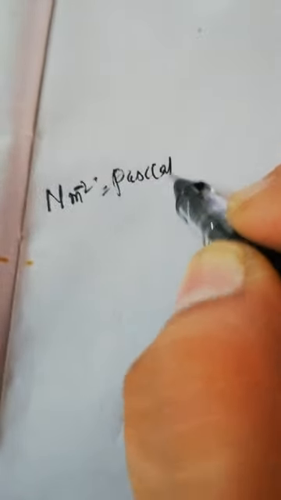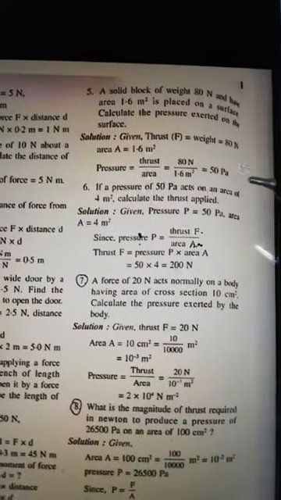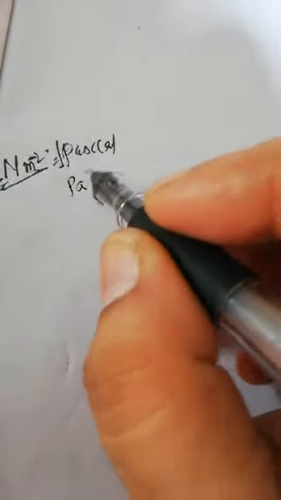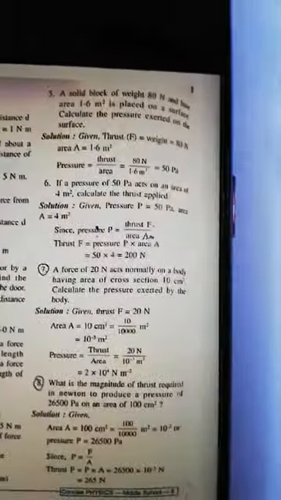So we can write that as Pascal. 1 Newton per meter square is equal to 1 Pascal. So this is the way we solve this. I think it's easy for you. And Pascal should always be written with P capital, A small. This is the unit of Pascal, PA.